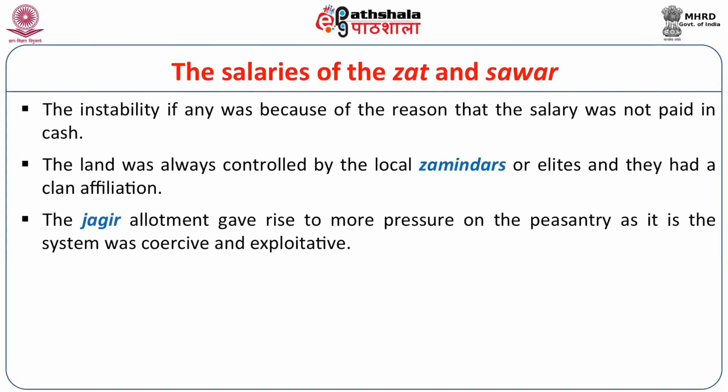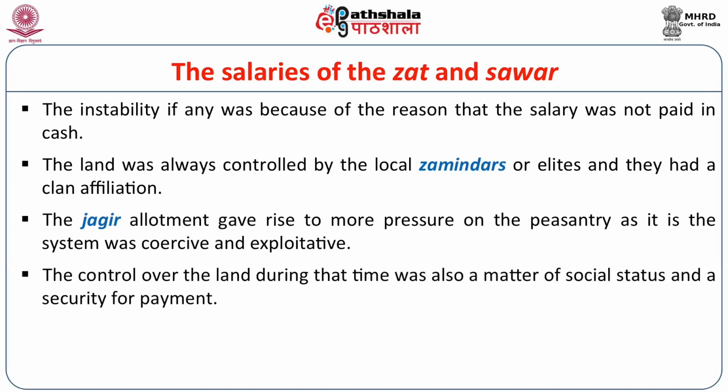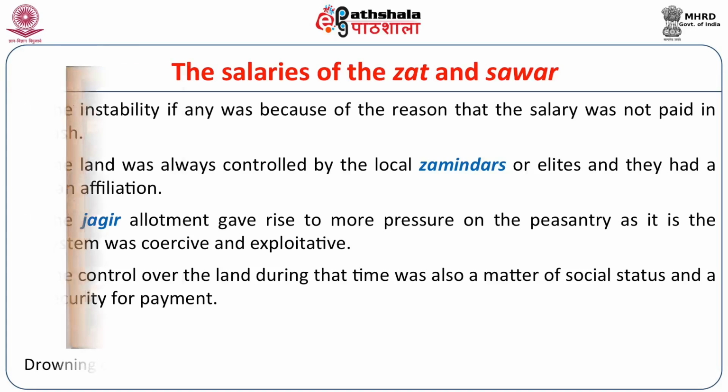So they were always in an antagonistic relation with the Jagirdar. The Jagir allotment gave rise to more pressure on the peasantry, as the system was coercive and exploitative. The control over the land during that time was also a matter of social status and a security for payment.